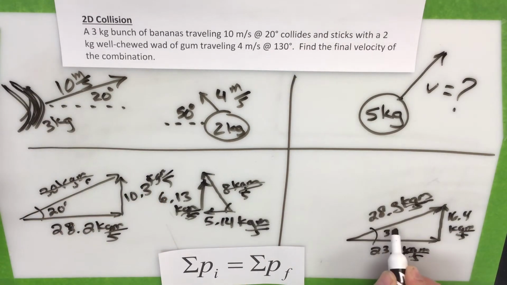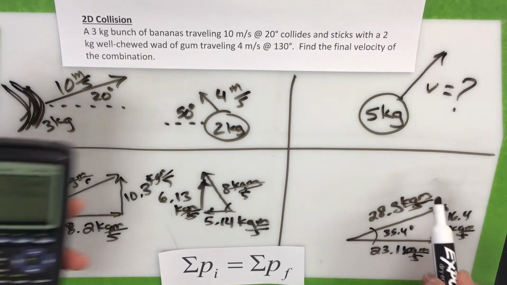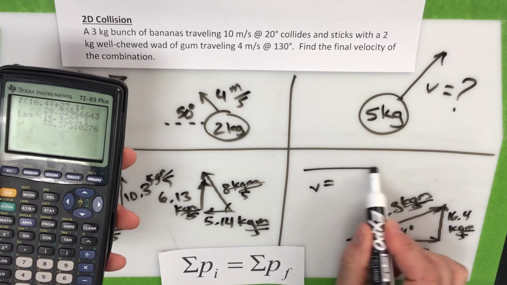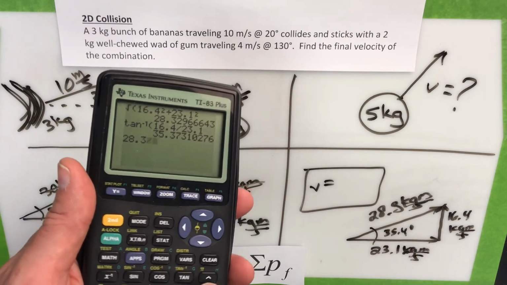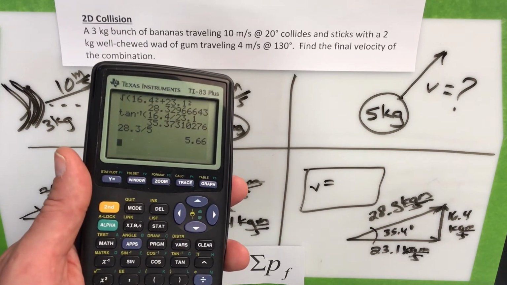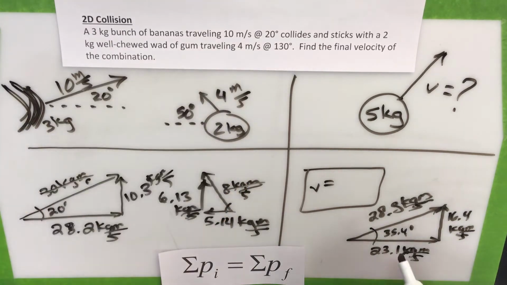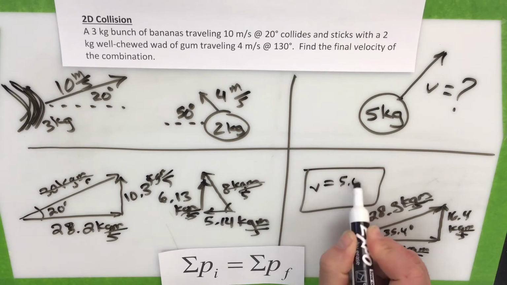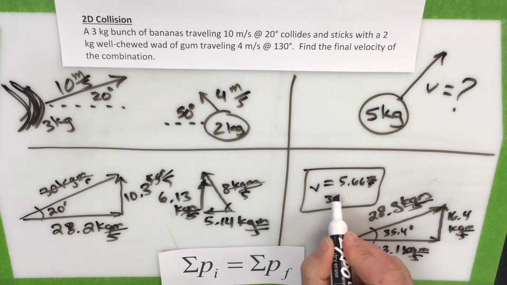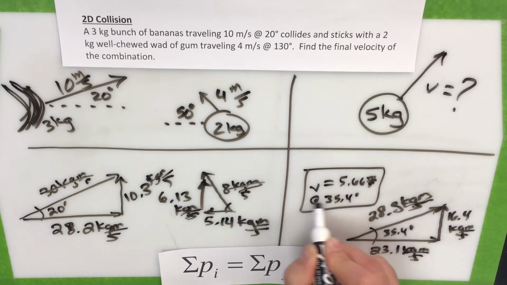So here is your angle of 35.4 degrees, and then all I have to do is divide that by the mass to get the velocity. So the velocity is 28.3 divided by 5 equals 5.66 meters per second. This is 5.66 meters per second at, that's the first quadrant, 35.4 degrees.